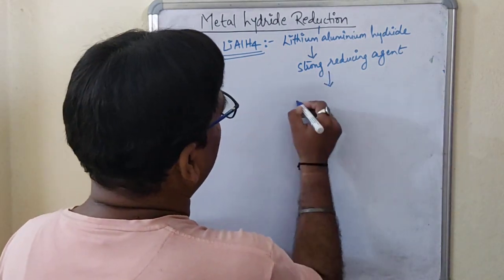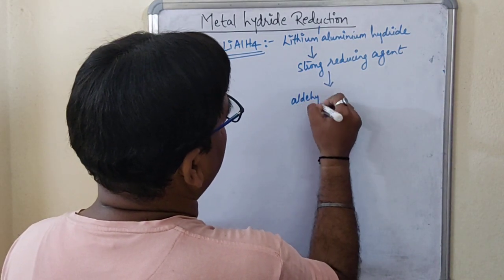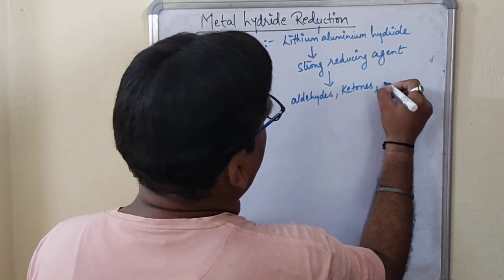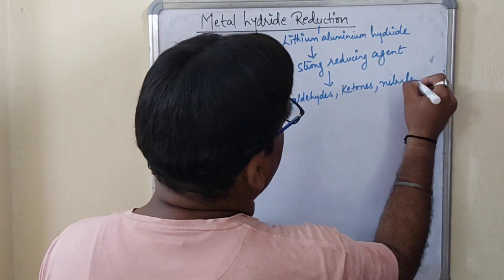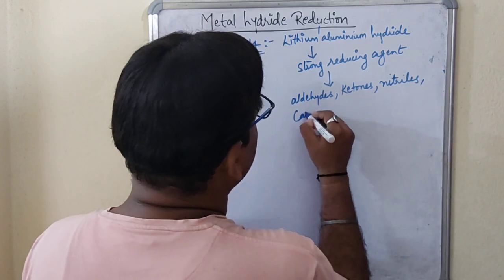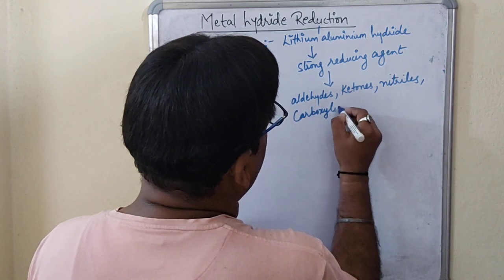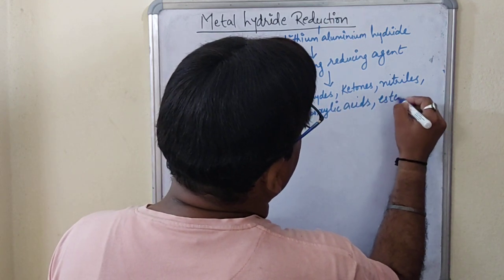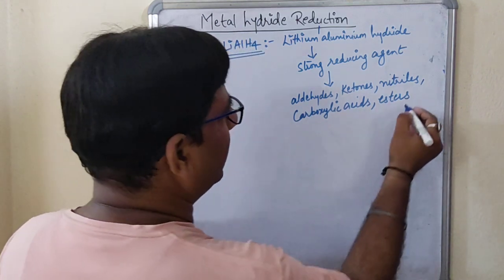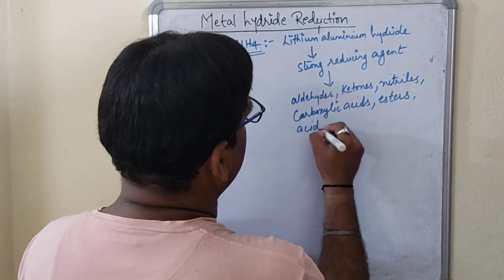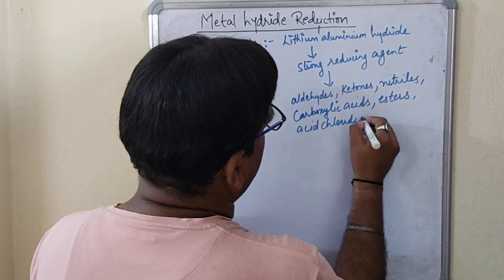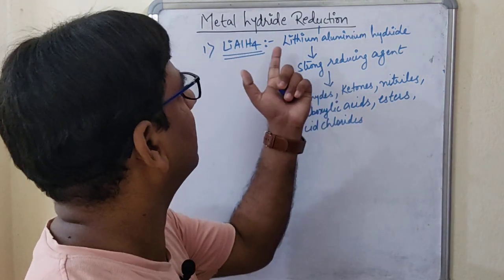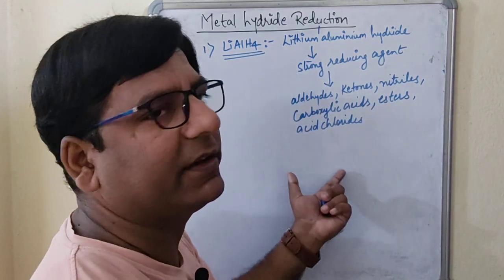So compounds may be the aldehydes, ketones, then nitriles, carboxylic acids, then esters, okay, then acid chloride. So these are the compounds that this lithium aluminum hydride can reduce.